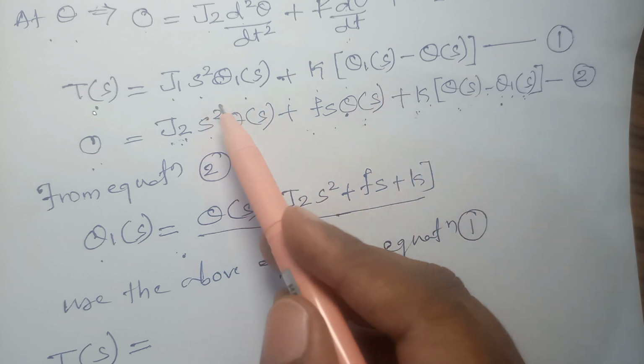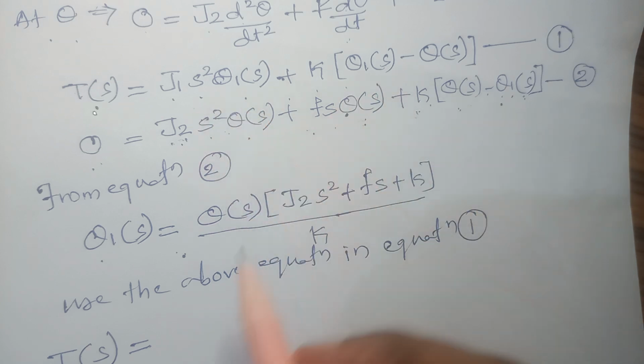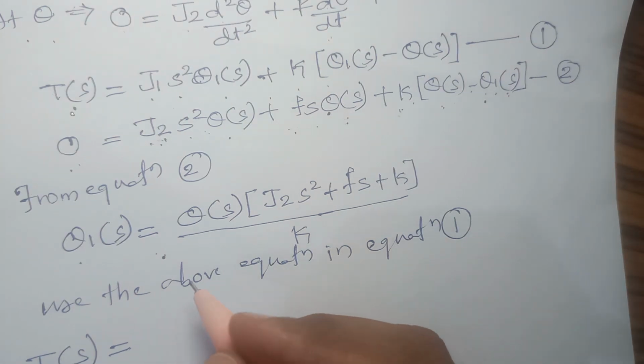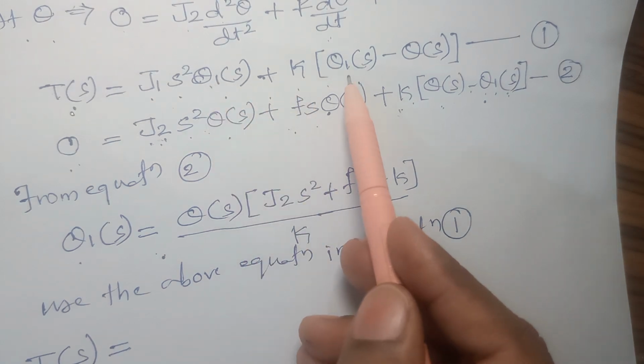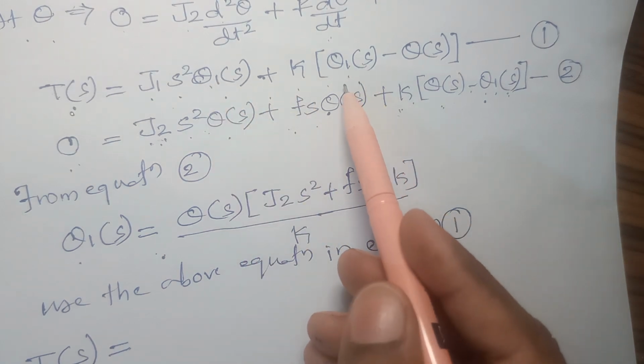Okay, I'll rewrite this equation. So I will write this equation 1 as, from this I can take theta 1 of s common.